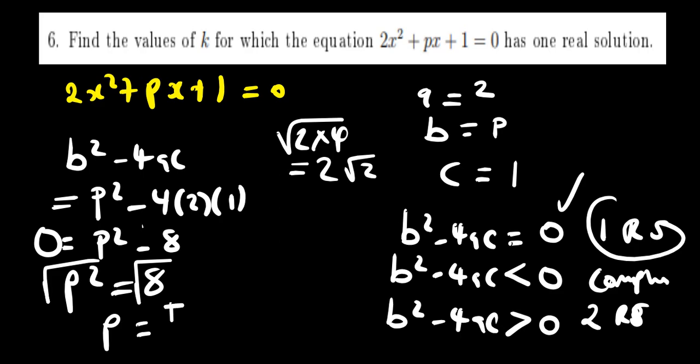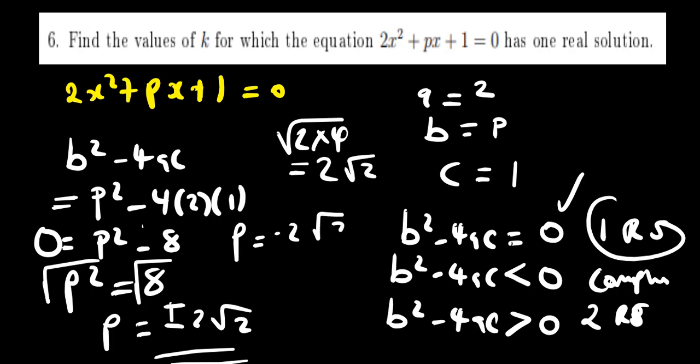So this will be positive or minus 2 root 2. You have two answers: p is equal to negative 2 root 2, and p is equal to positive 2 root 2. Those will be your solutions. Okay, let's go to the next question.